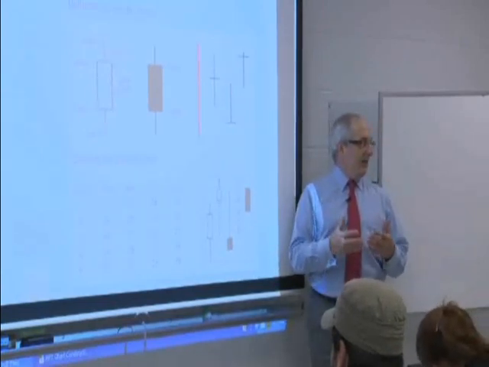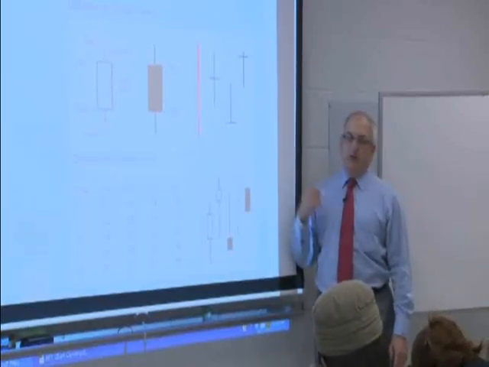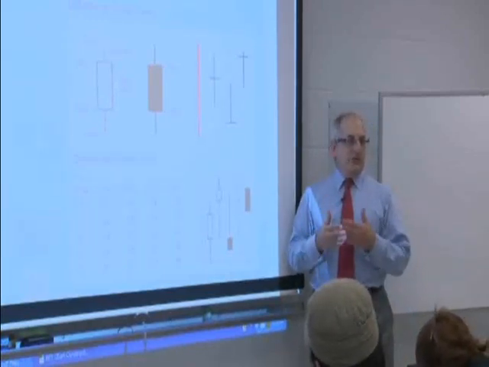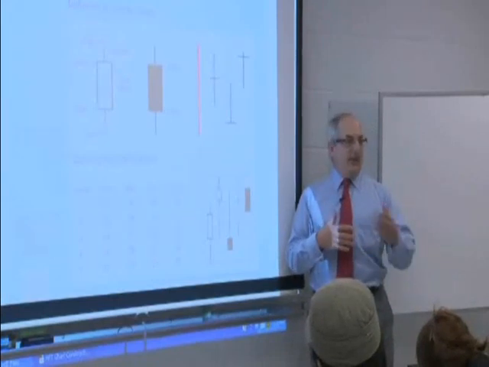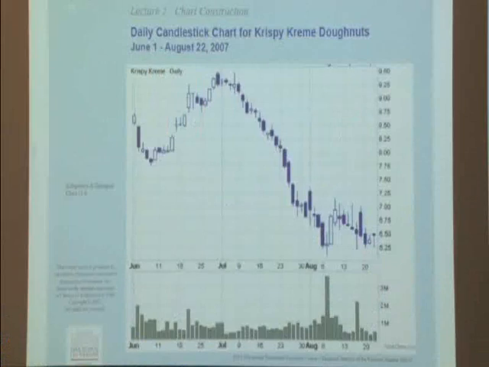You use them with many other tools. You can get a better idea than just looking at the bar chart where things are headed based on how they acted that day. So now we're going to look at Krispy Kreme, a daily candlestick chart on Krispy Kreme.